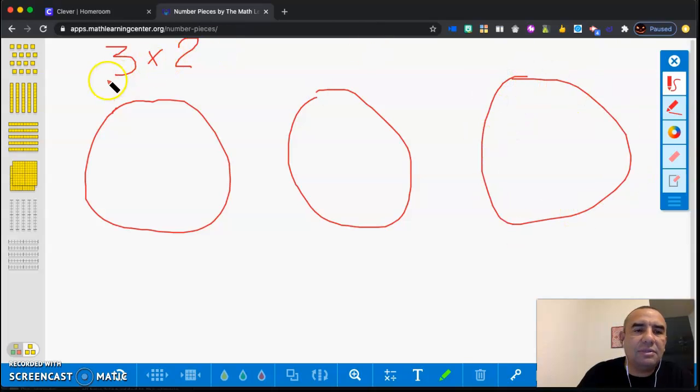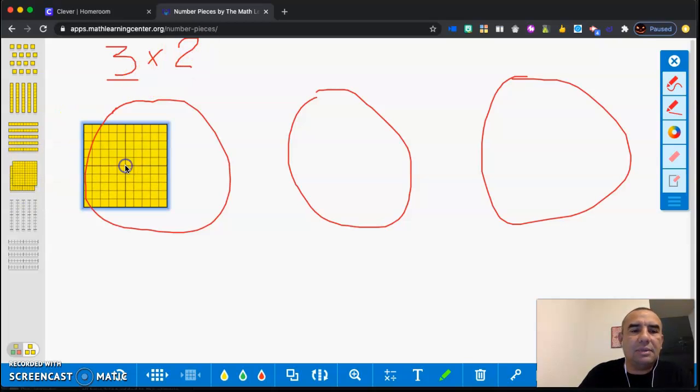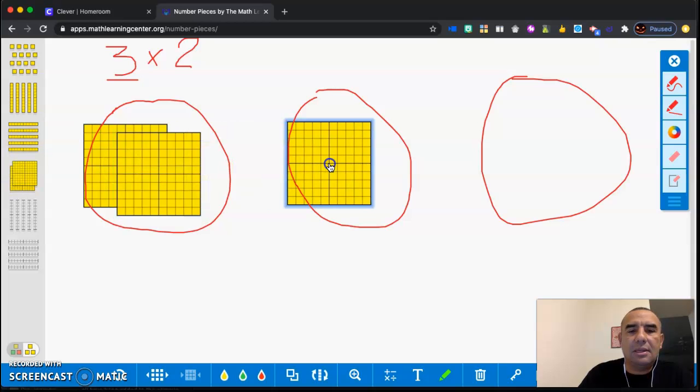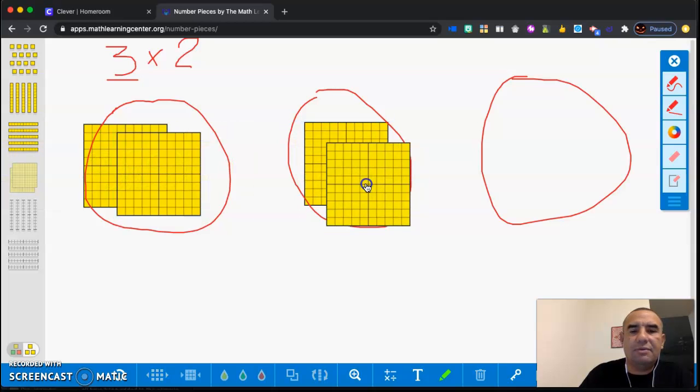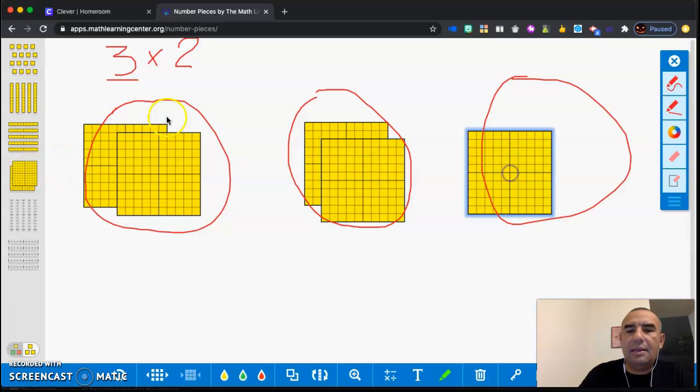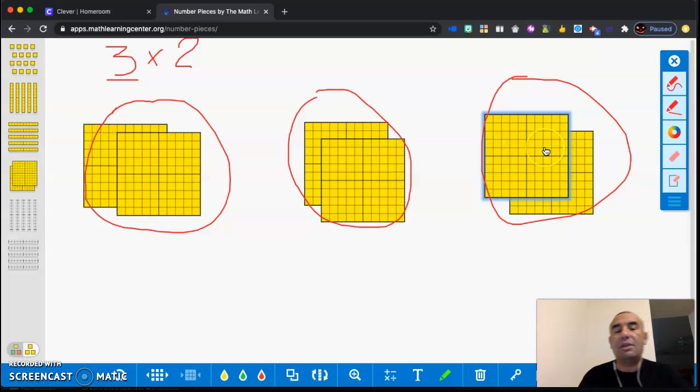So the first factor tells you how many groups you have, and then the second factor tells you how many you have in each group. So it's going to be 1, 2. In each group, you have 2. And then the answer is 6, how many units you have in total.